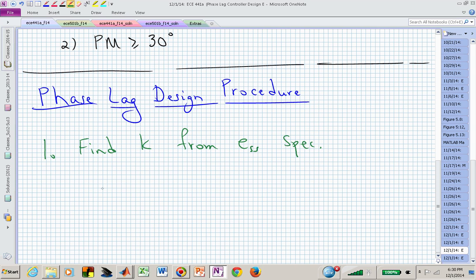And the steady state error spec says that we want that to be, well, we know the steady state error for a type 1 system with a unit ramp is 1/K sub V, and we want that to be less than or equal to 1/30. So now we're saying that we want K sub V to be bigger than or equal to 30.